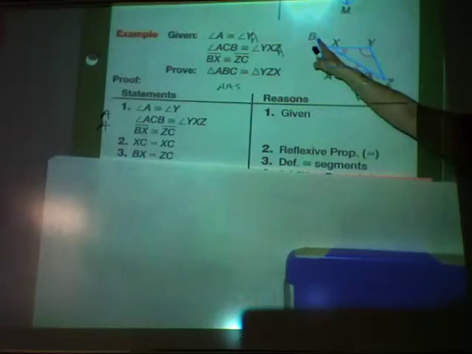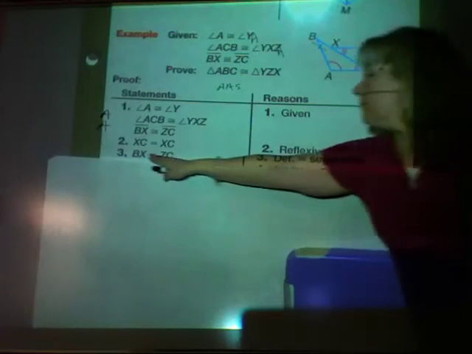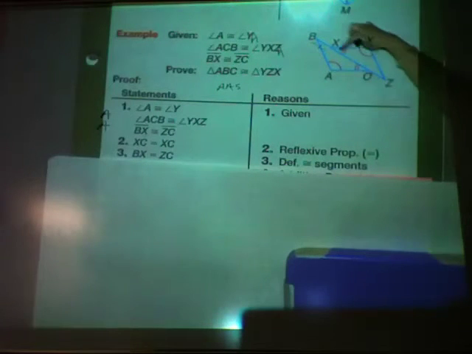What do you know about the distance from B to C? What's it made up of? What segments is B to C made up of? BX and XC, right? And what's this distance from X to Z made up of? XC and CZ, right?